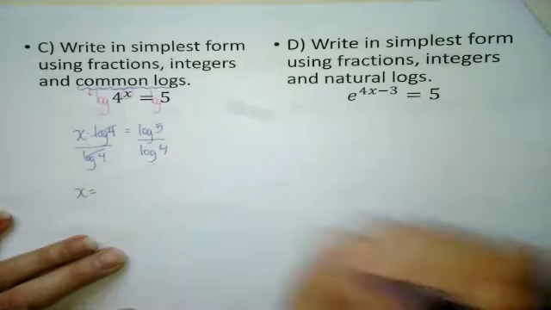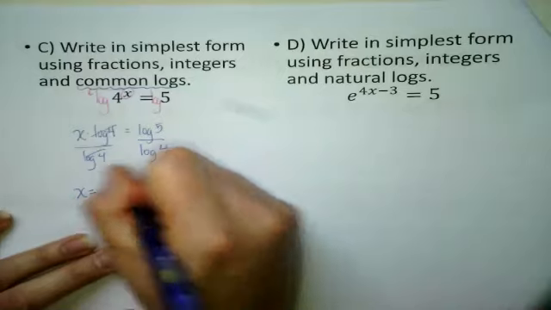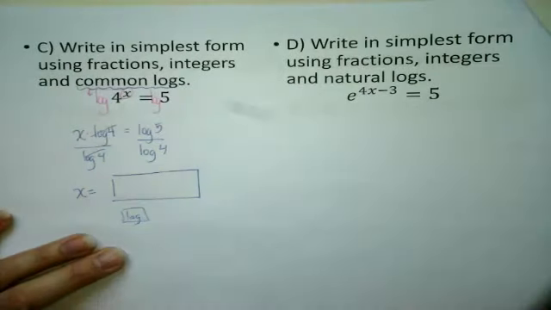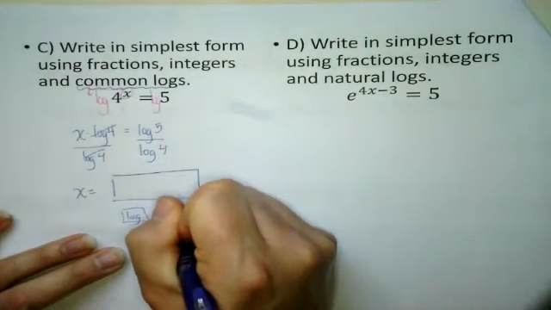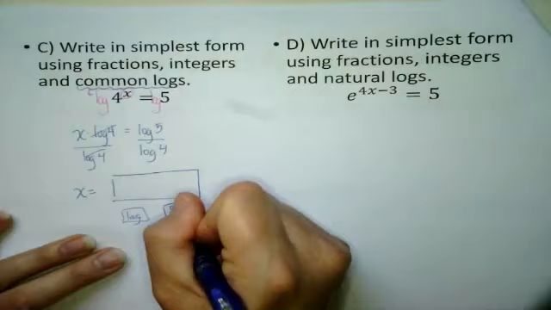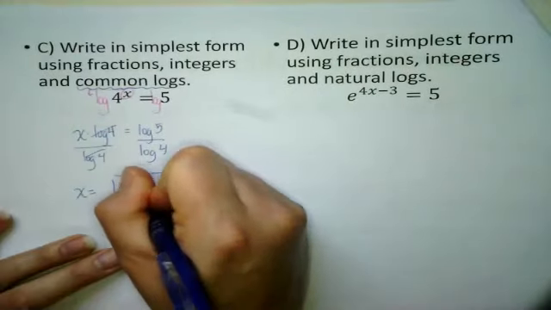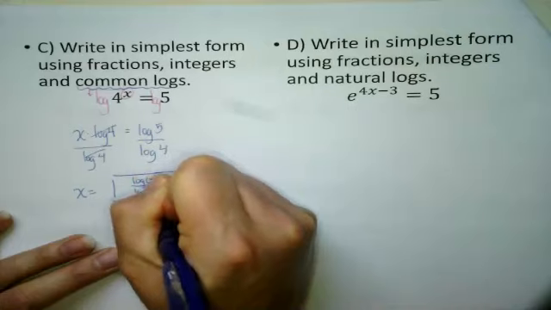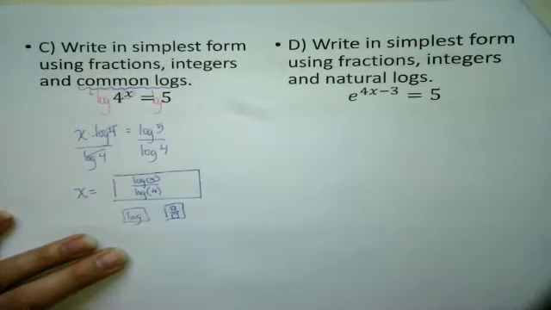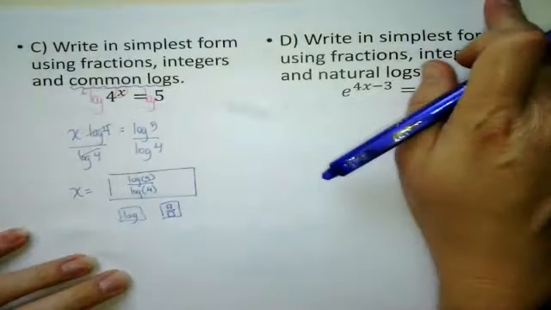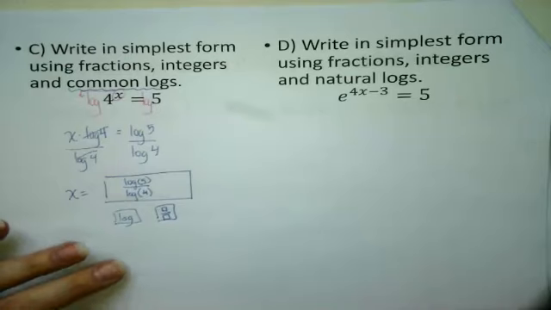In your entry field, there'll be a little log button you can push, and a little fraction button. So you'd create a fraction and push your log button, and write the log of 5 over the log of 4. Works really great. You can also not use the buttons. You can actually type the word log if you have a keyboard, and I like using my keyboard if I can.